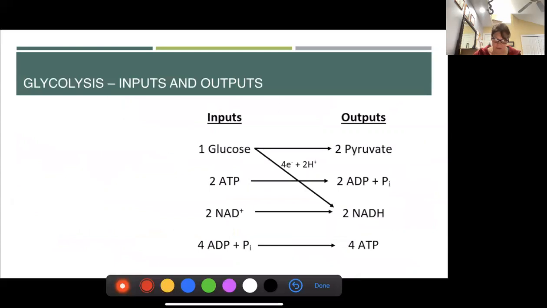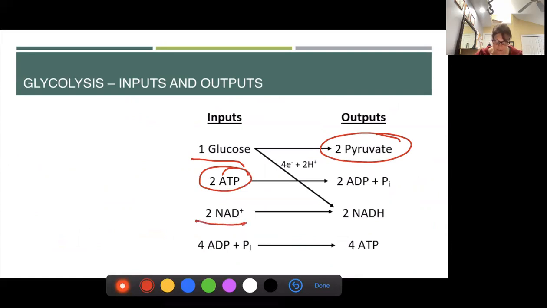All right, so here, this is kind of showing you our input. We put in glucose, we get out our pyruvate, we invested our 2 ATPs, and then we also put in our NAD plus. Remember, I did that in this color. So we got out these, we're going to use these later. And then we made 4 ATPs.